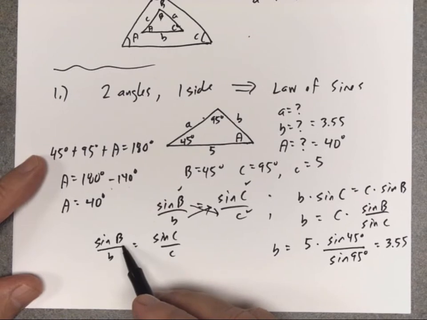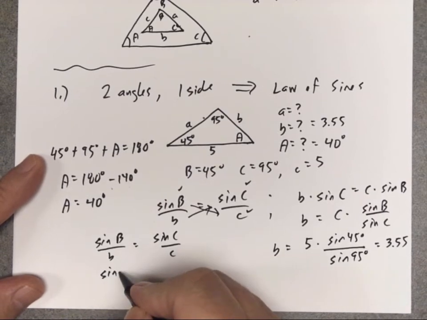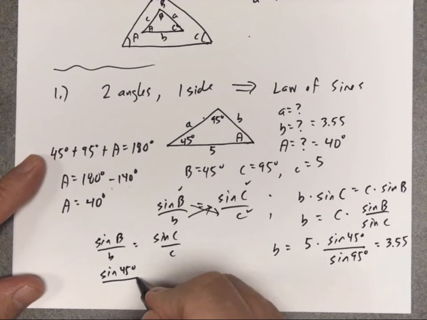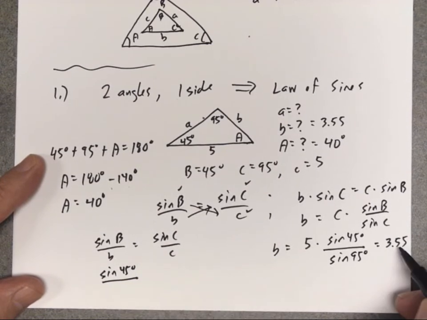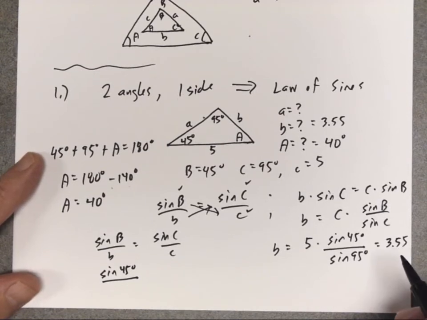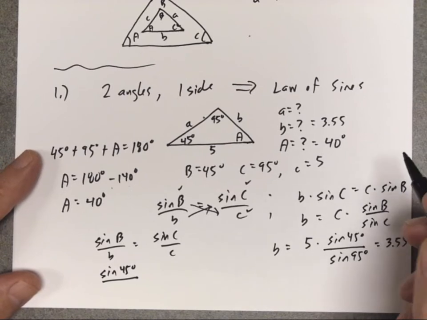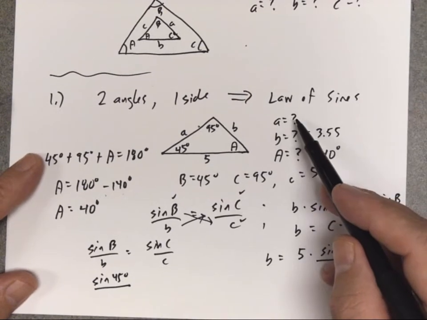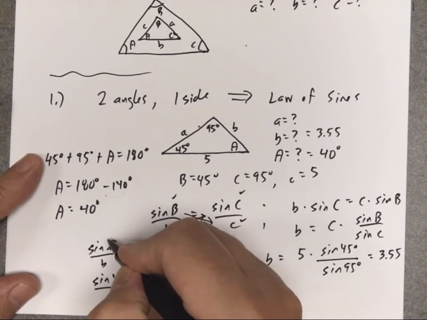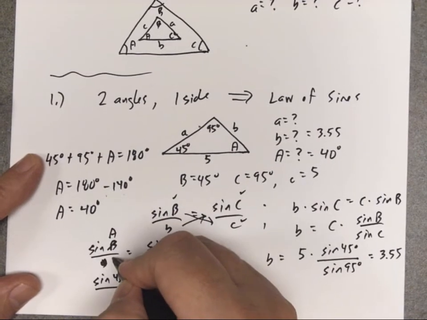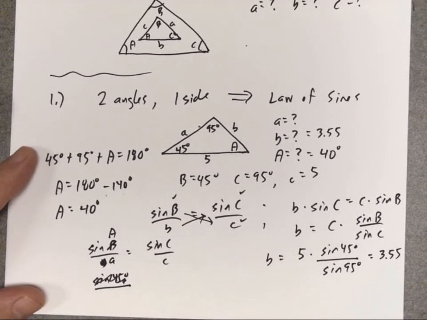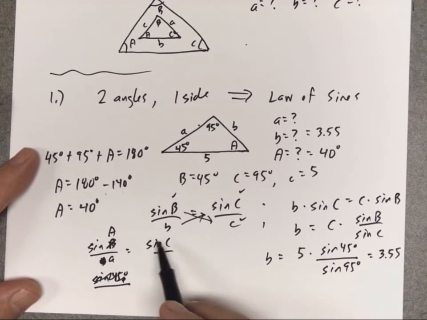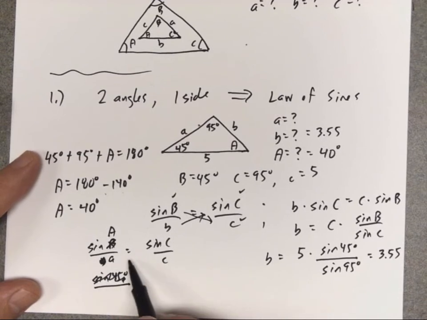I know angle B is 45 degrees, so the sine of 45 degrees, I do know. I messed up. Wow. I'm wanting to find A. Wow, even got confused myself. So let's link up A and C. Sine A over A equals sine C over C.